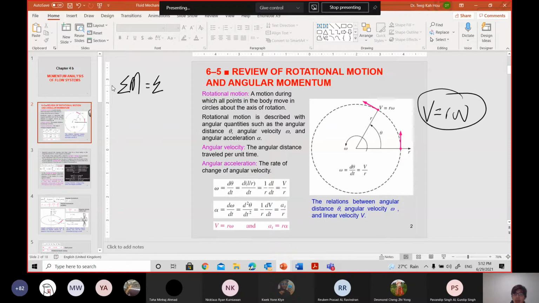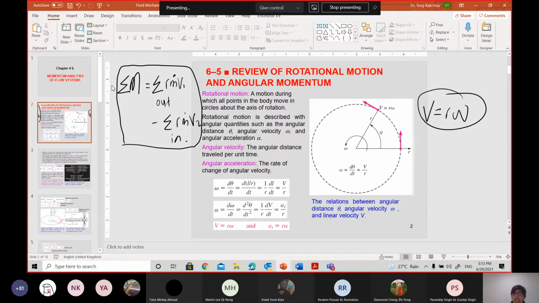Summation of moment equal to summation of R m dot V out minus summation of R m dot V in. So this is the thing you must know under your angular momentum, right? Summation of the out RmV minus summation of the RmV in.